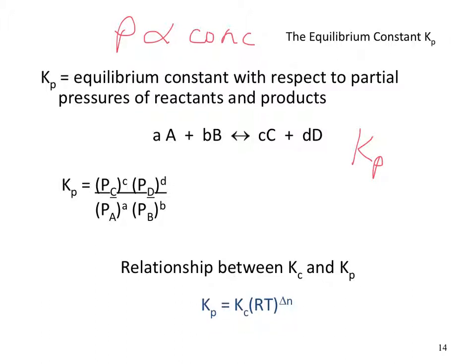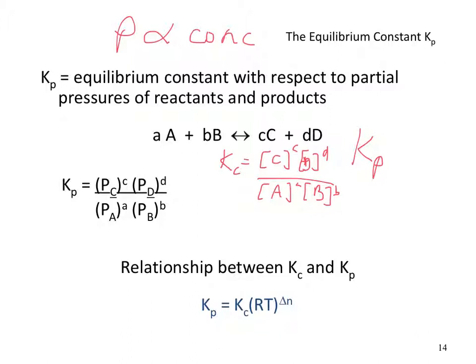So let's say you have a generic equation: a moles of A react with b moles of B, giving you c moles of C and d of D. You can write the Kc as [C] raised to the power of c times [D] raised to the power of d divided by [A] raised to the power of a and [B] raised to the power of b, right?